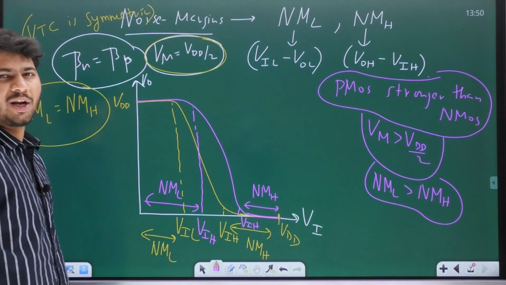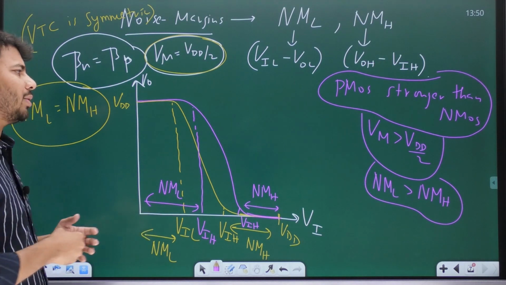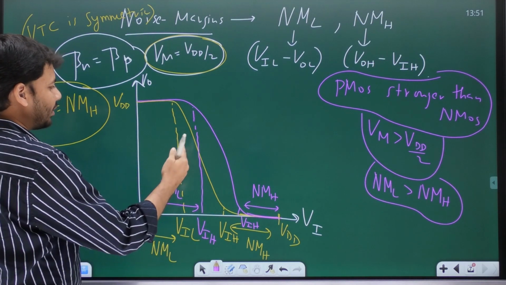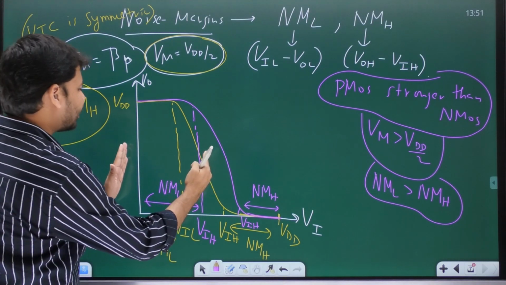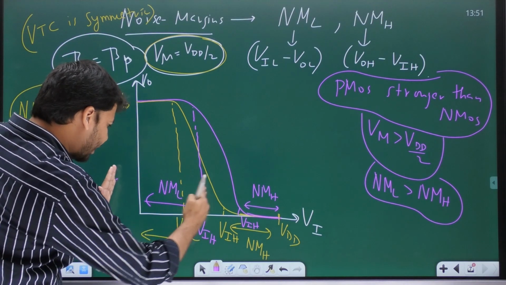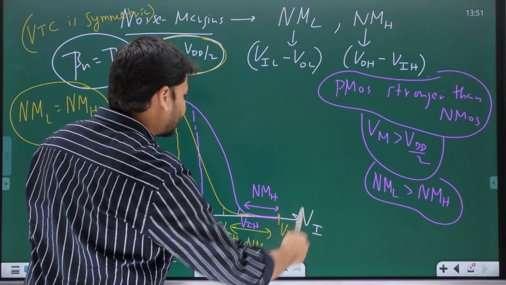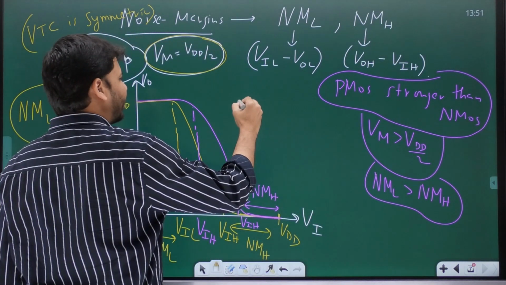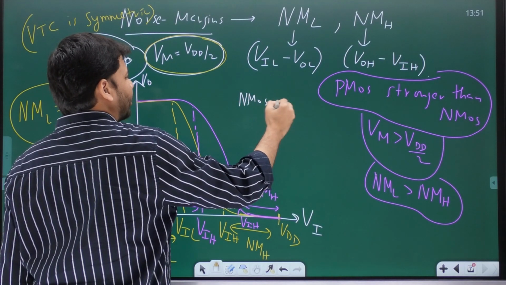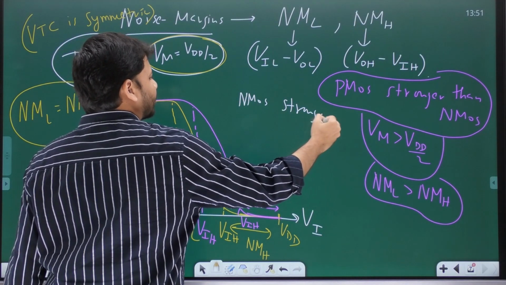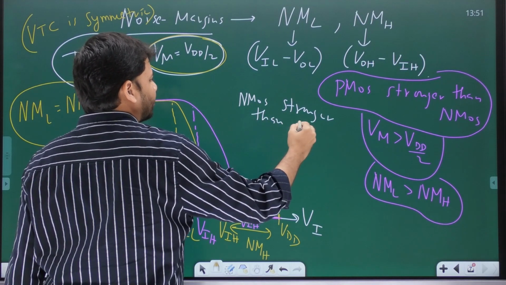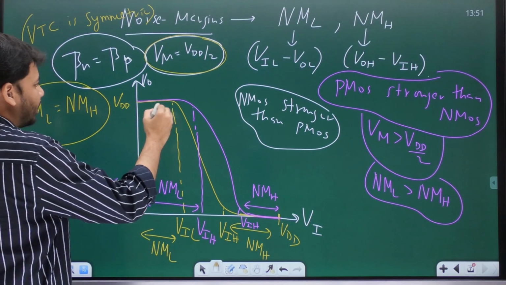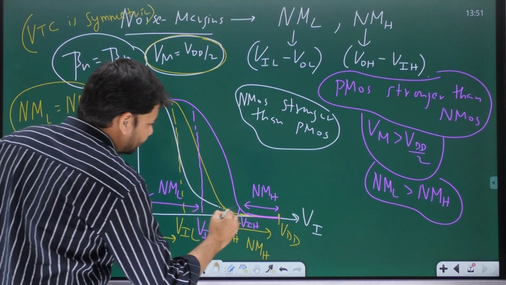Now, what if you make NMOS stronger than PMOS? Then the VTC from its yellow color position will get shifted to the left. VTC getting shifted to the left means NML would decrease, NMH would increase. So if you make NMOS stronger than PMOS, then the VTC will be something like this.